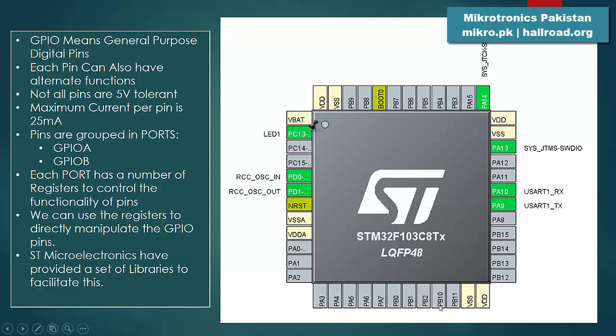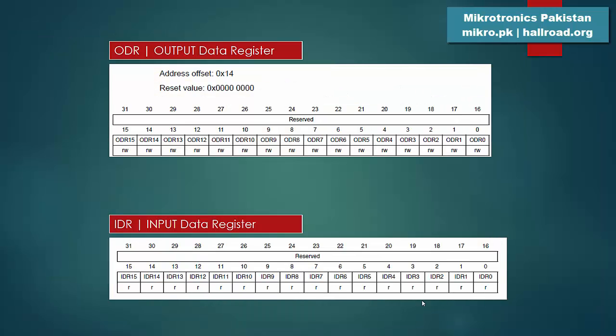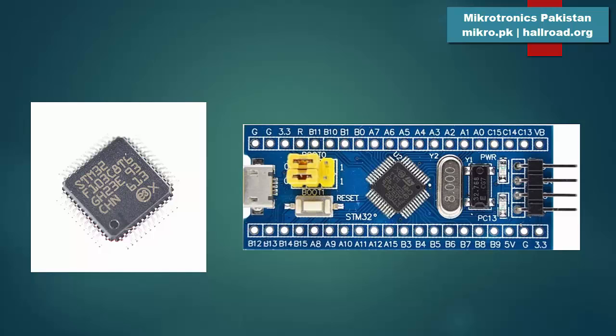These lines, PB10, PB11, and PB0. Here is PB0, PB1, PB2. These are the lines which are appearing here on these pins. And this is the 3.3 volt, ground, 5 volt, and so on.